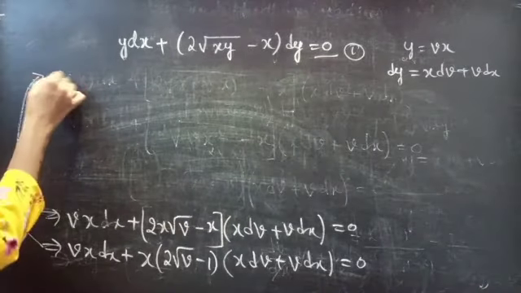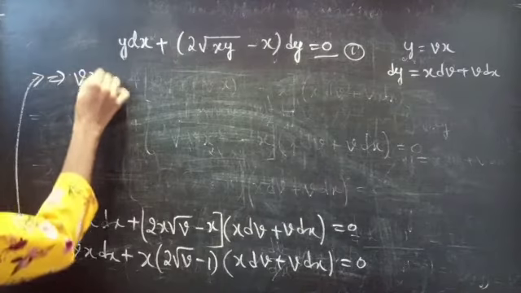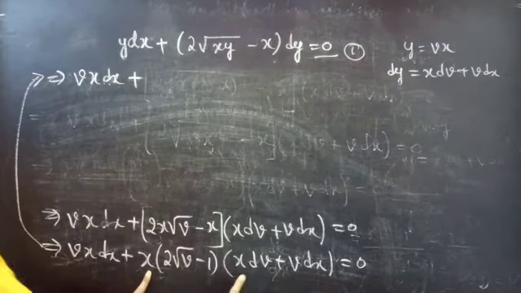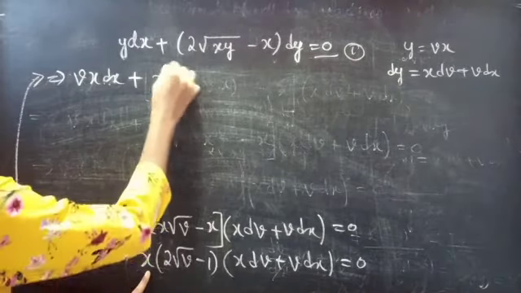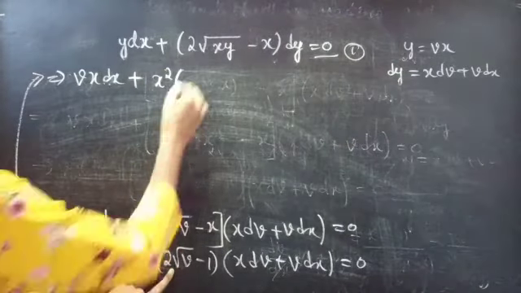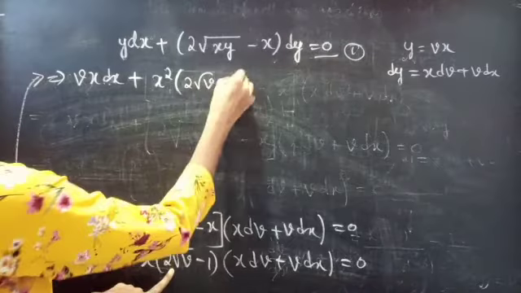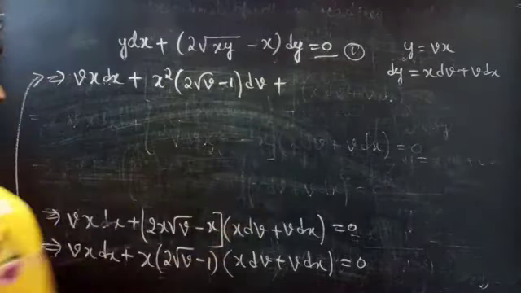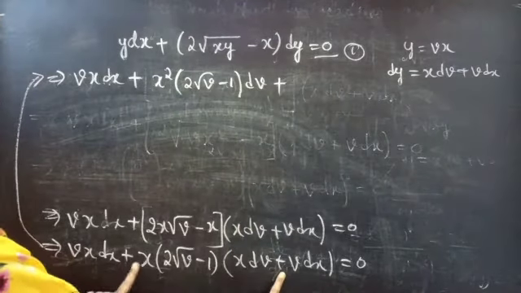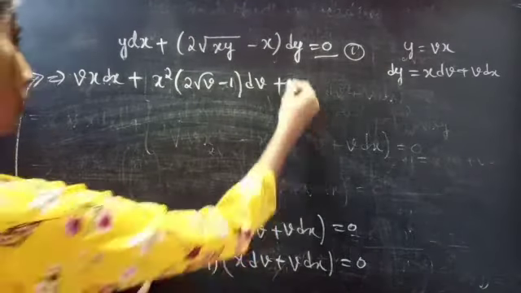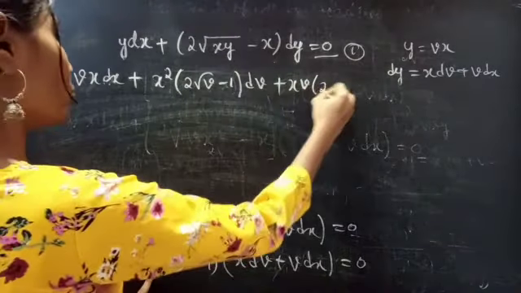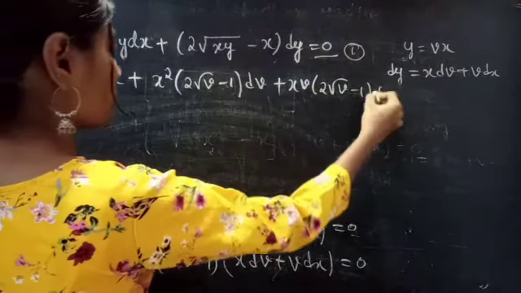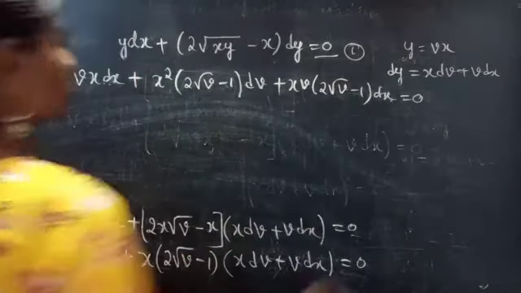This becomes vx dx plus x into x square into 2 root v minus 1 into dv plus xv into 2 root v minus 1 into dx equals to 0.